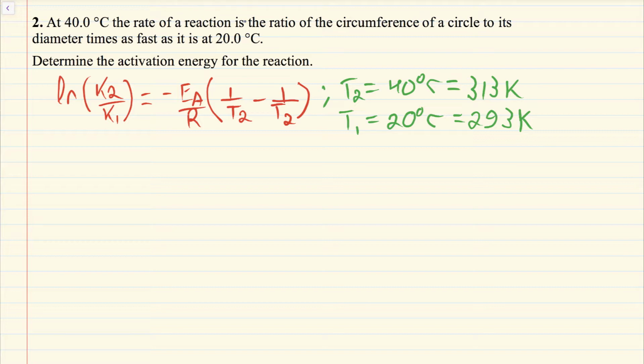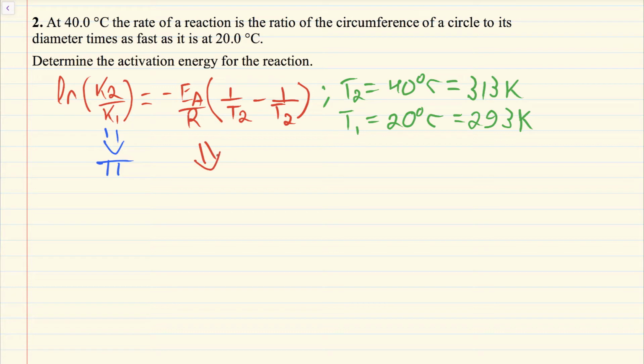Because the definition of pi is the ratio of the circumference of a circle to its diameter. So K2 over K1 is simply pi. And from here we can simply plug in all of our values to solve for activation energy.